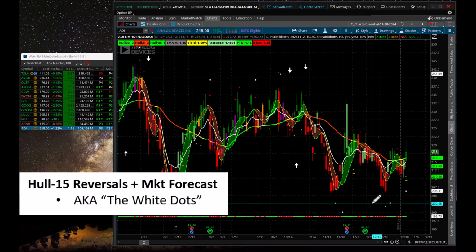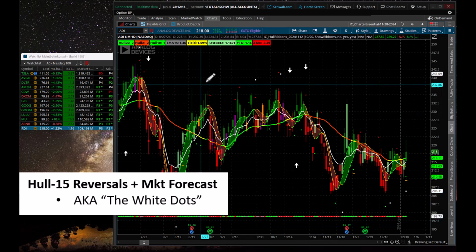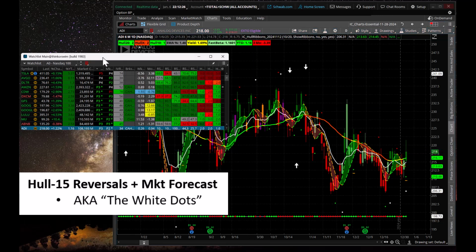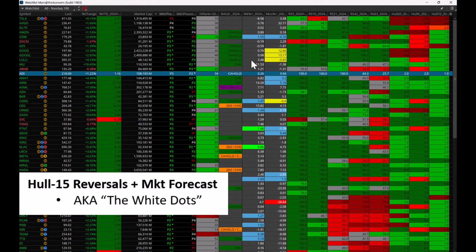So if you wanted to get the details on what it means to have a white dot, some additional reading is required. But I like to look at the white dots when I see them. They show up in here as blue backgrounds, and if it's at support, the letters are black, and if it's at resistance, the letters are white. So you can easily see which white dot we're talking about.